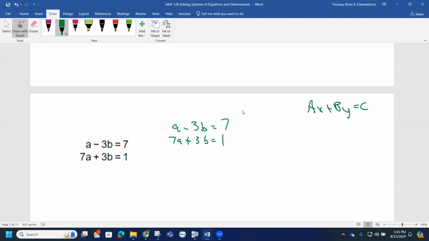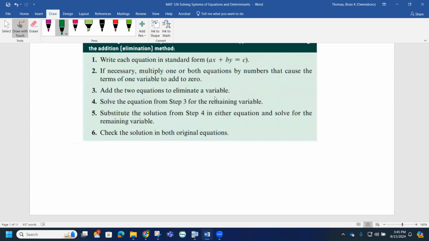One of the things we want to do in the addition method, once the equations are in standard form, is this: if necessary, multiply one or both of the equations by numbers that cause the terms of one of the variables to add to zero.